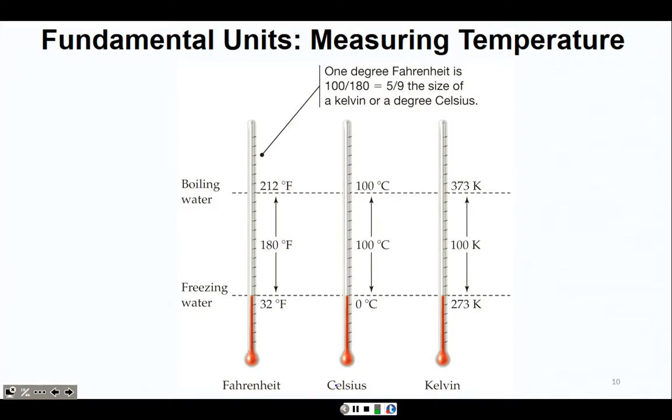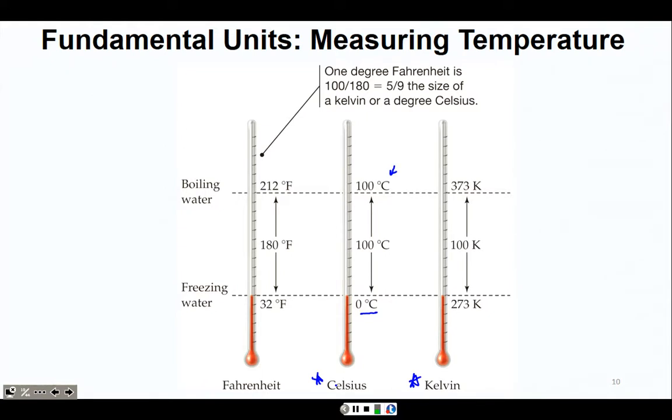The freezing and boiling points of water are important, because water is what determines life on Earth as being possible, and so we like to relate to these. Celsius and Kelvin are the most commonly used in our chemistry course. You will hear references to Fahrenheit, so you kind of need to have a perspective on where they are. A mild winter day might be 0 Celsius, and 100 degrees more than that is the boiling temperature of water.